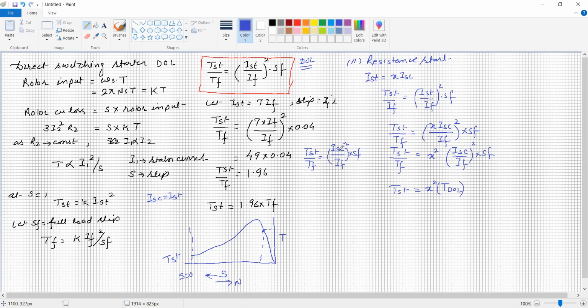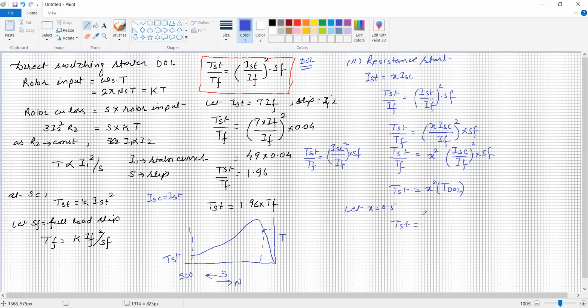See here, in this case, ISC upon (IF)² SF is the torque due to the DOL starter. So the starting torque of resistance starting is multiplied by X square. Let X be equal to 0.5. So what would be the starting torque?